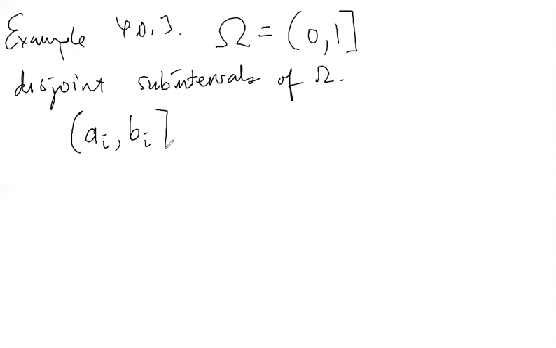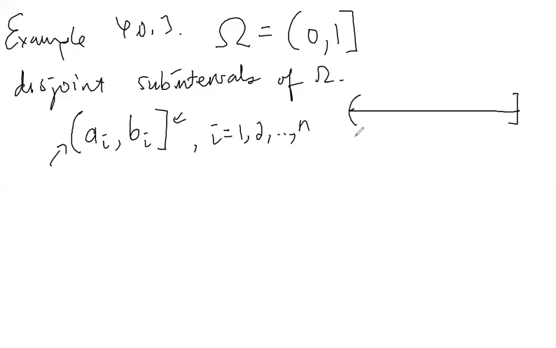Your disjoint subintervals will be of this form: (ai, bi], open, close. You can construct as many as you want. They are all disjoint, meaning that they don't intersect each other. The simplest way to sketch this will be like this. This is 0, this is 1. For example, you can have something like this.